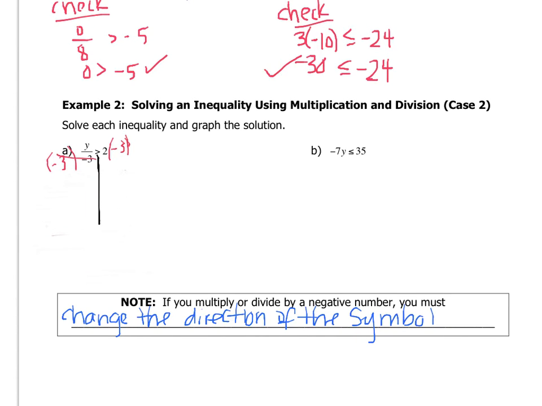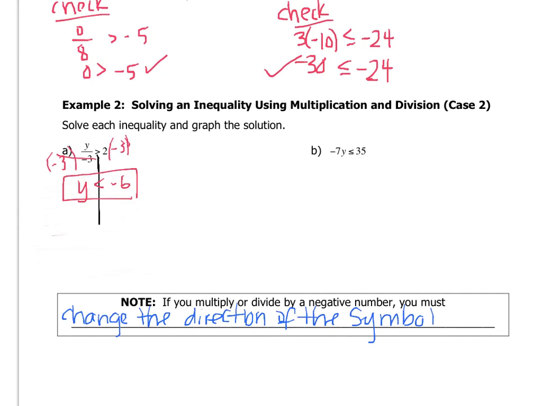So I'm still going to keep the inverse of multiplying by negative 3, but now I'm going to say y is less than negative 6, because everything changes when you flip from positive land to negative land. When you multiply or divide by a negative number, you're reversing what land you're talking about.